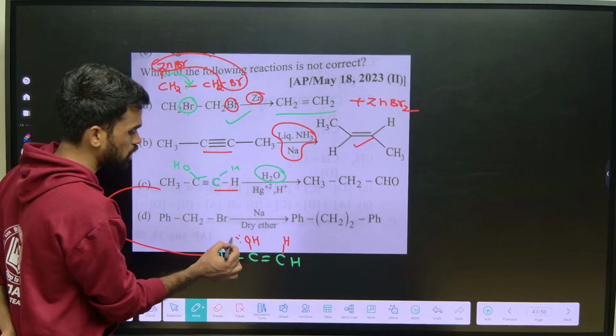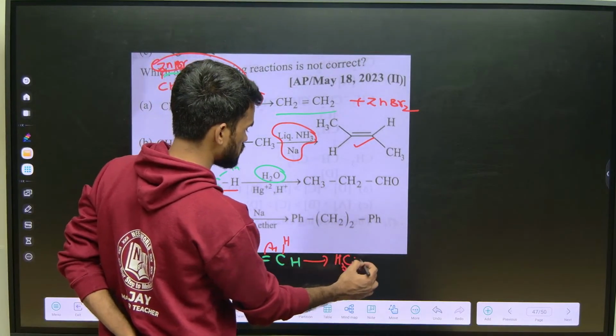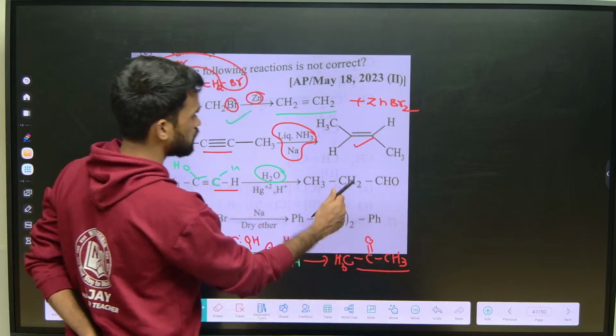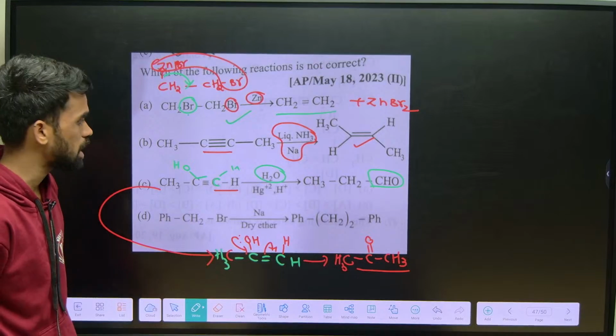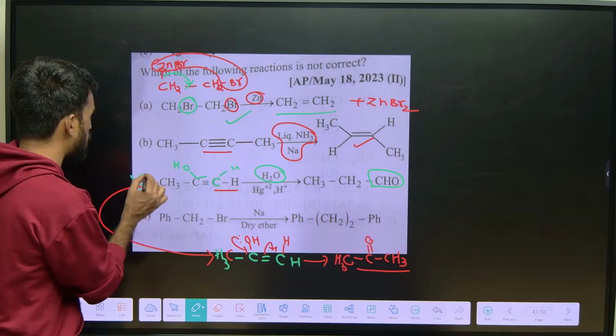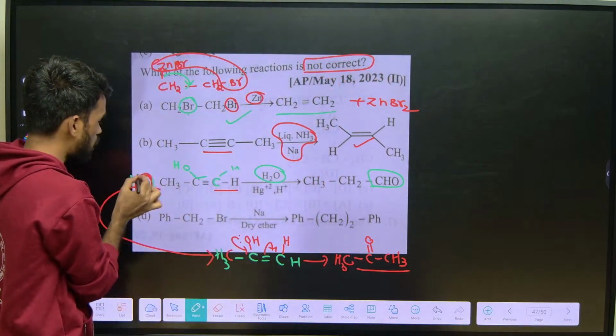This enol will undergo tautomerism and lead to a ketone type of product, CH3COCH3, this kind of product. But what they have given here is an aldehydic product. So is this correct? No, right? So option C is incorrect. That is what we need to choose as our answer for the question, because they are asking for not correct. So which is not correct? Option C is not correct.